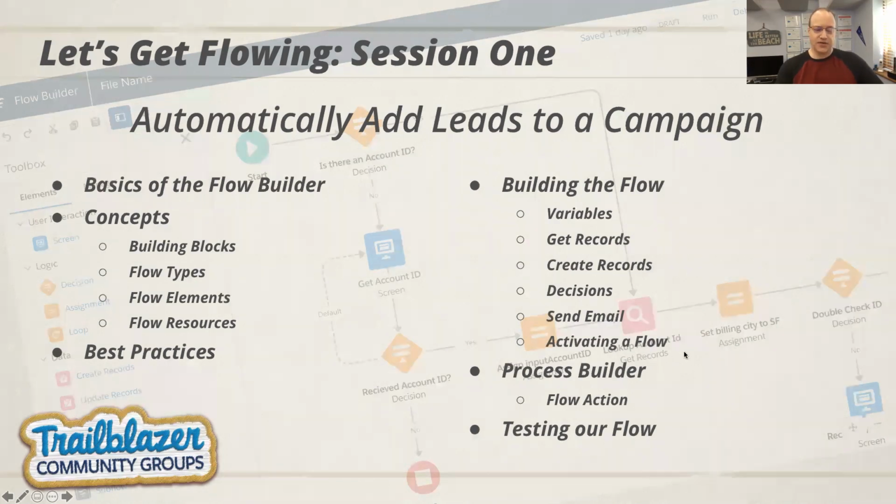And then of course, we do need to activate a flow as well, similar to what you're used to with Process Builder. And this particular flow, we are going to kick off using Process Builder. And then we'll also talk through how we go about testing our flows.